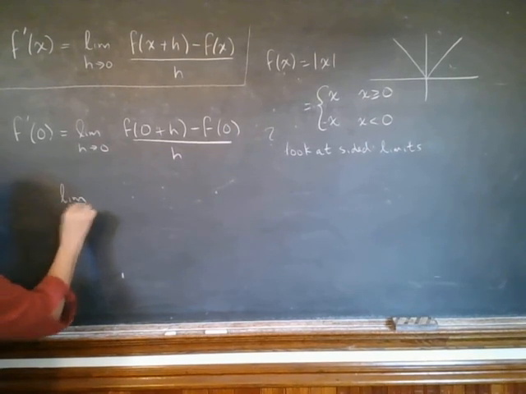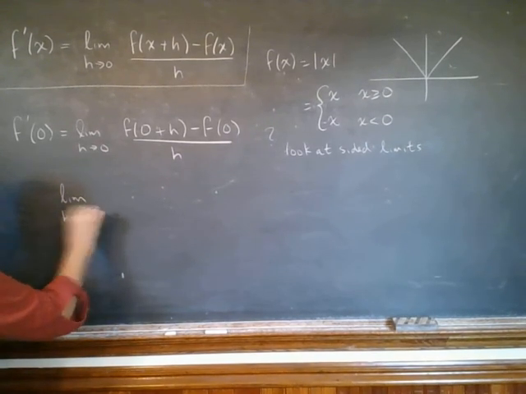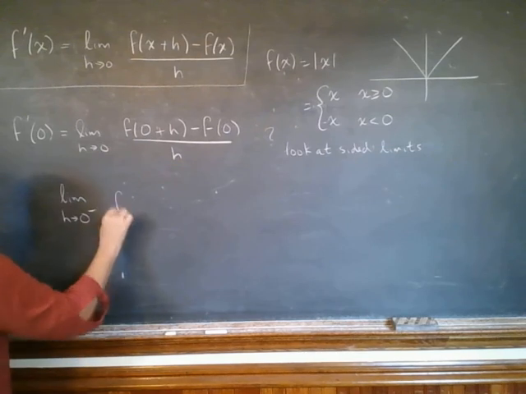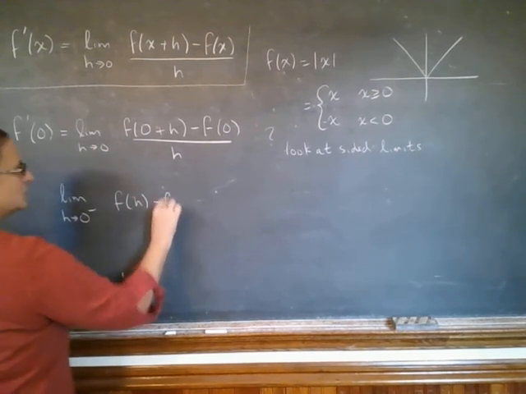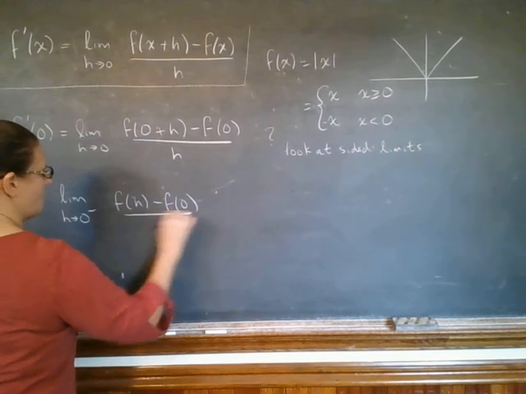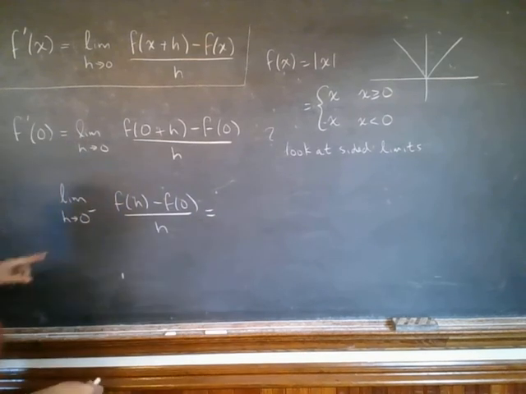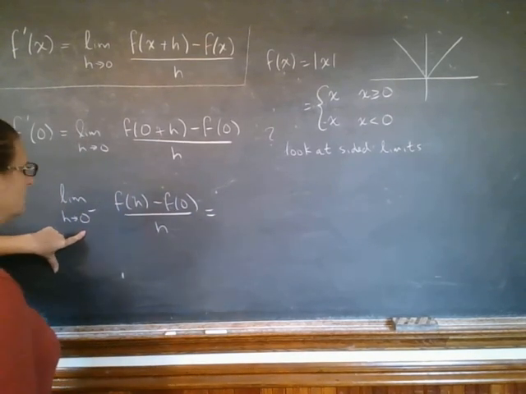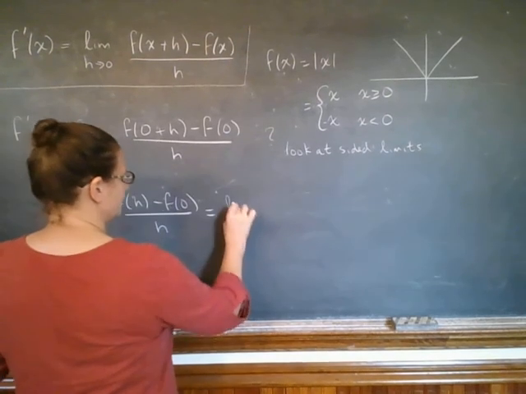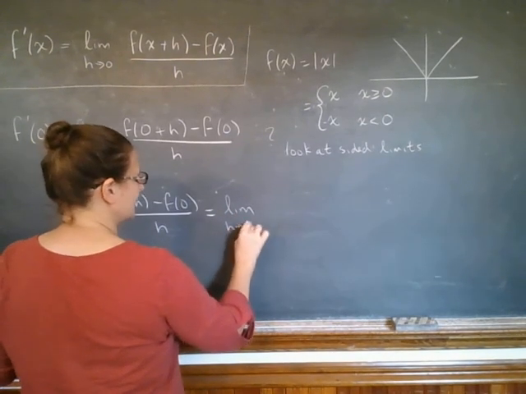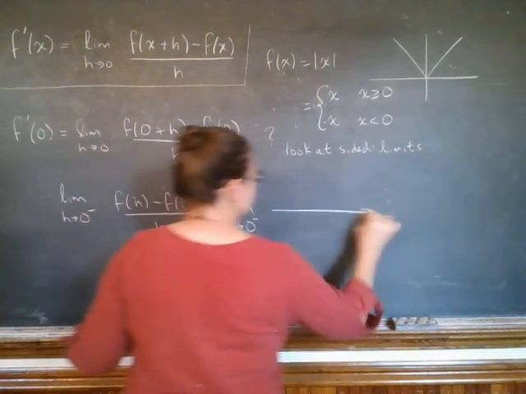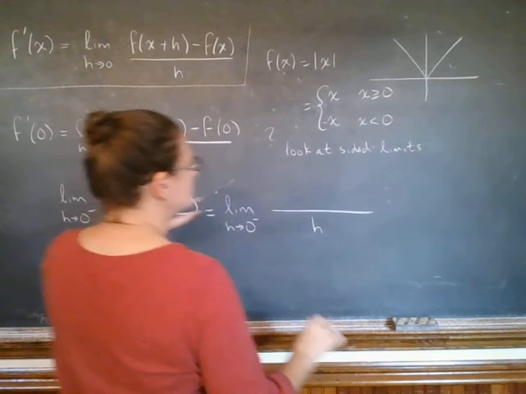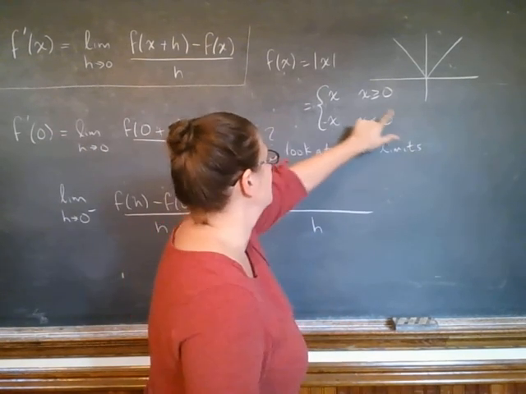The limit as h goes to 0 from the left of f of h minus f of 0 over h. So if h is going to 0 from the left, it's negative, right? h is negative. Okay? So if h is negative, that puts me over here.